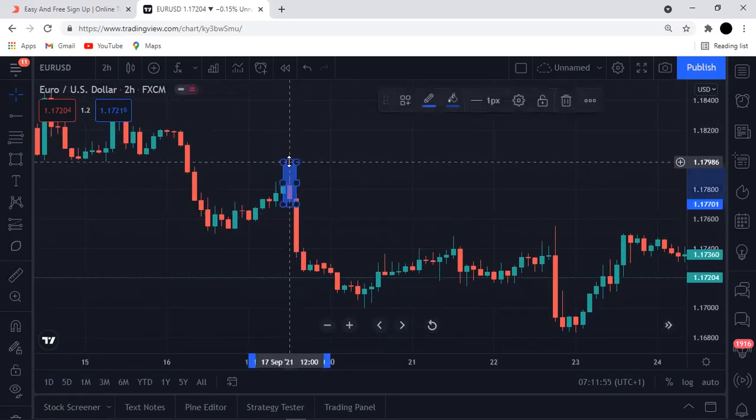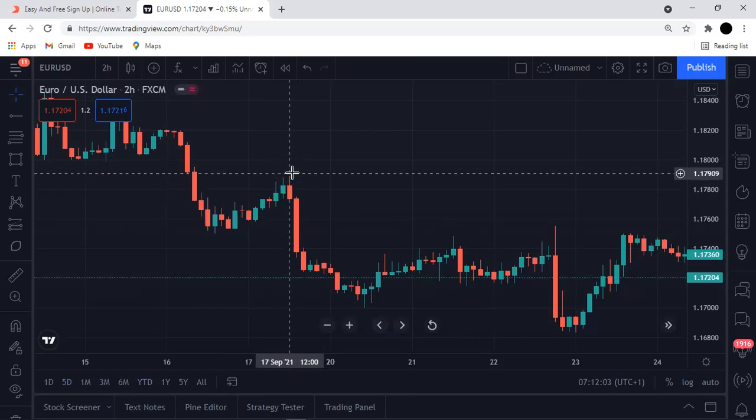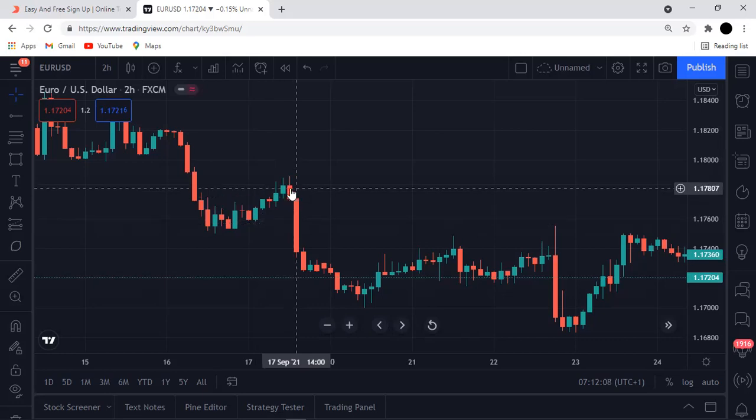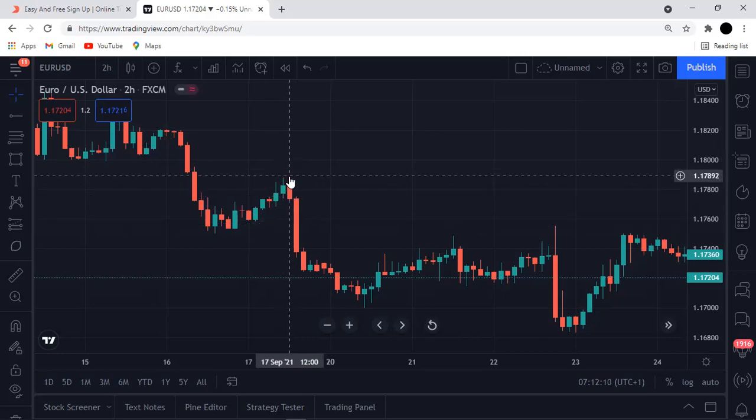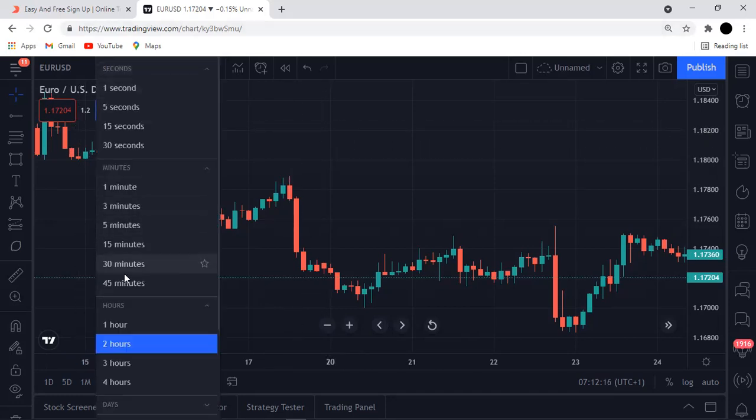Let me delete this. You can still see this forming more like a hammer, but the wick is still very short because it was not completely bullish. We can see this forming exactly like a hammer, although with a short wick above. Let's go back to our 1 hour.